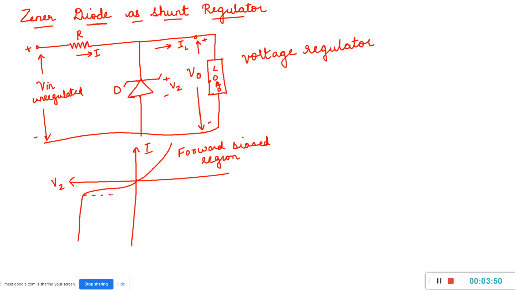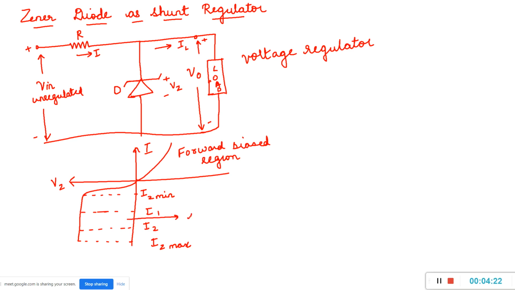Let me mark this dot with the IZ minimum current. Here in between we have some current I1, and here some intermediate current I2, and the maximum current I will write as IZ max. So here IZ min, I1, I2, IZ max.